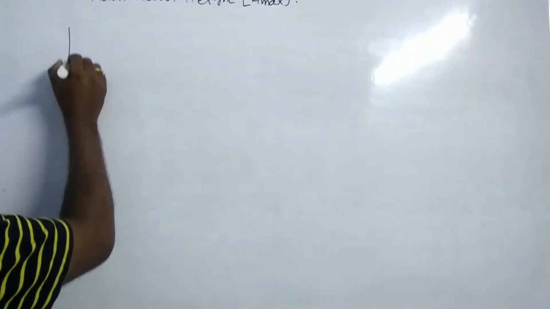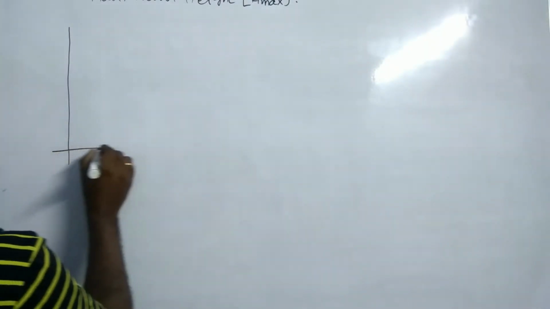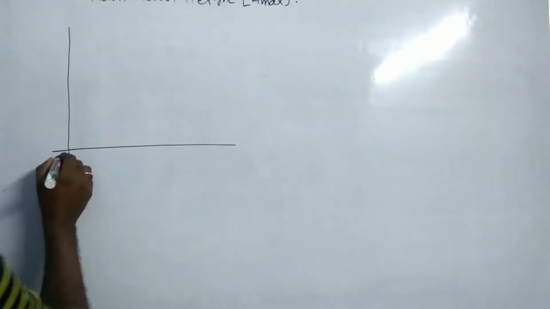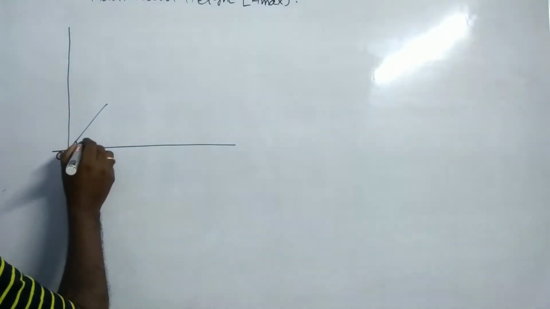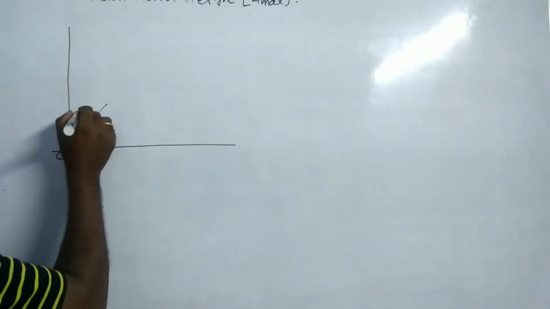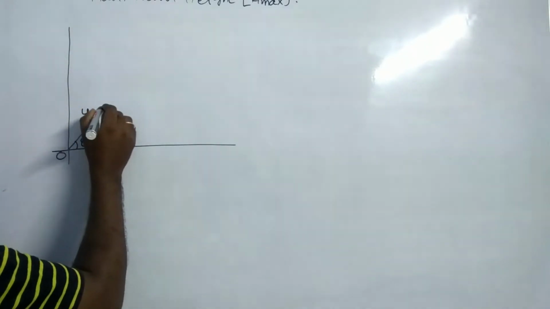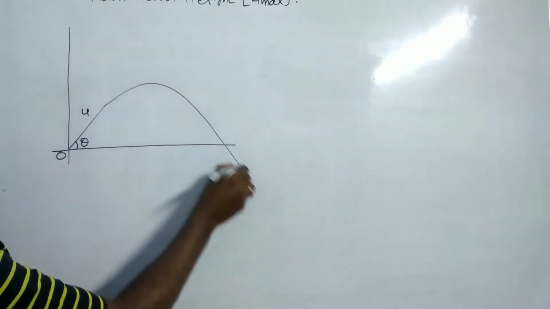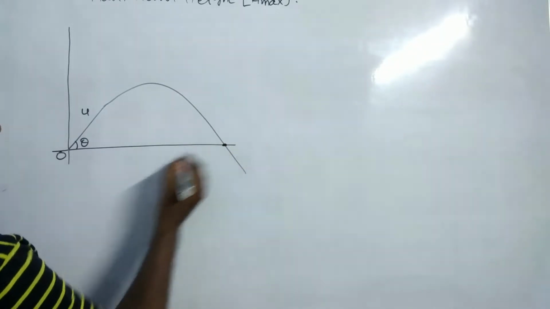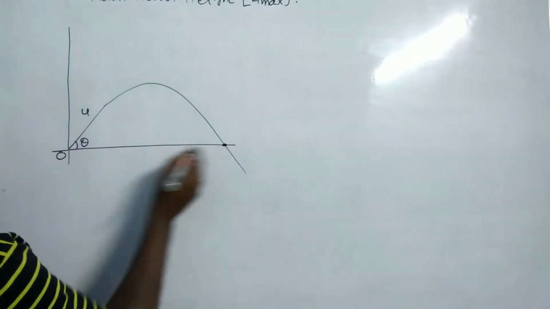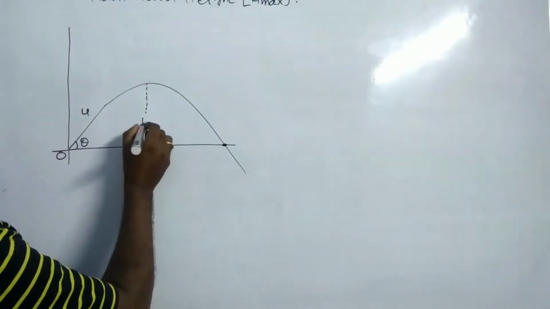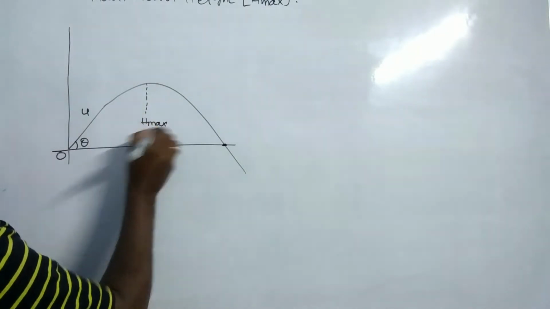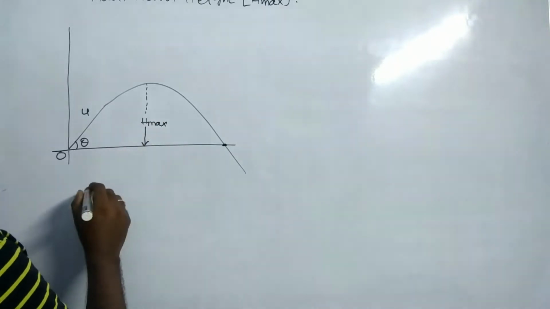This is the basic diagram for all, and this is the origin. Whenever we throw an object with angle theta to the horizontal, it moves in this direction and reaches the same horizontal point. So that is the ground point. Here this is the maximum height point, that is h maximum, right?